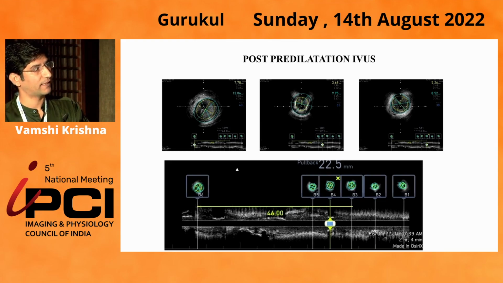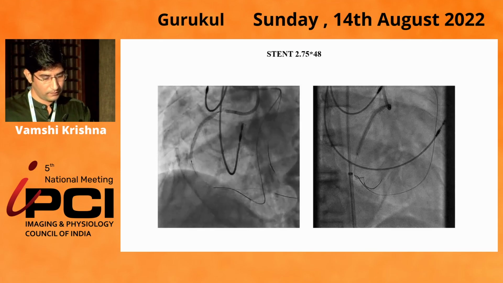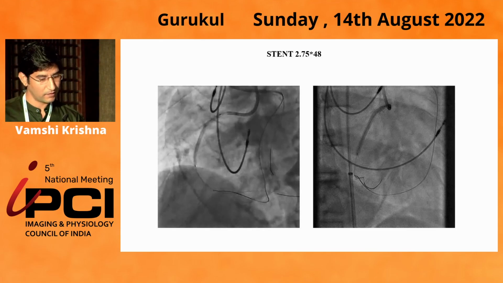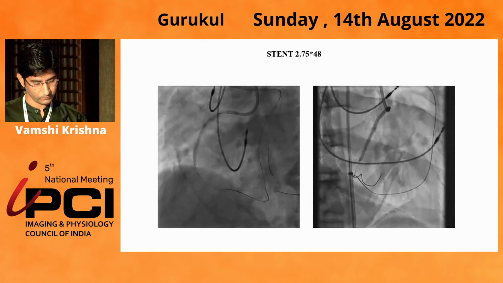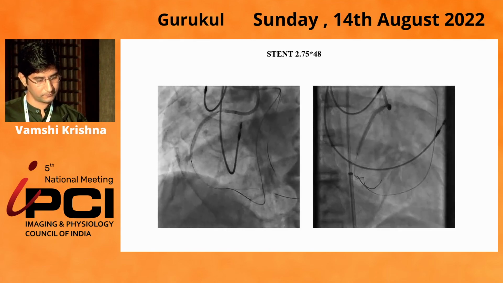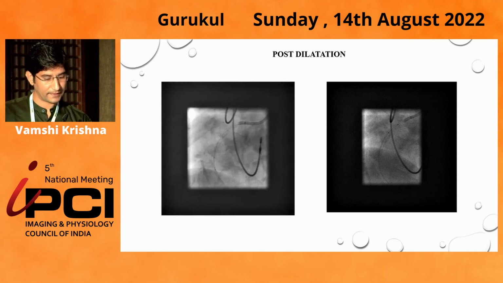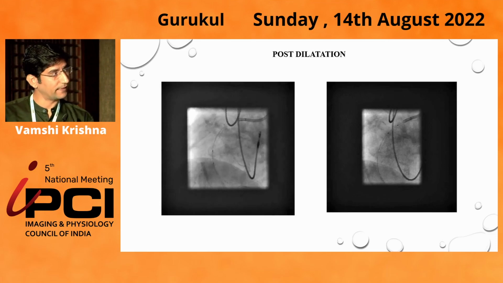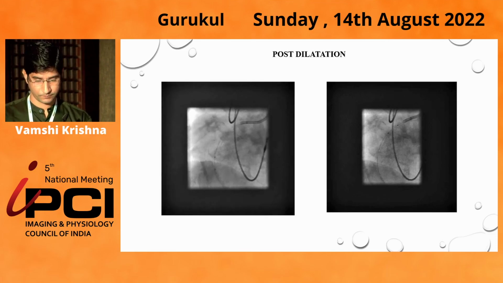We planned for a stent of around 2.75 by 48. Then the stent was placed in the RCA, 2.75 by 48. After stenting, we post-dilated the stent with a 2.75 balloon distally and a 3.0 NC balloon proximally.